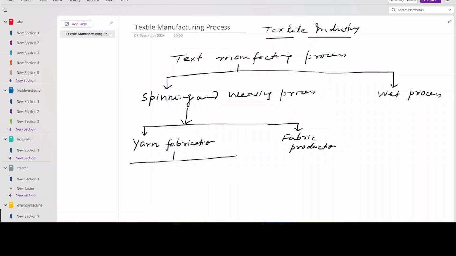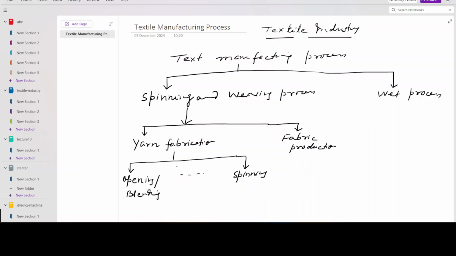It begins with opening of bale, and concludes with spinning.